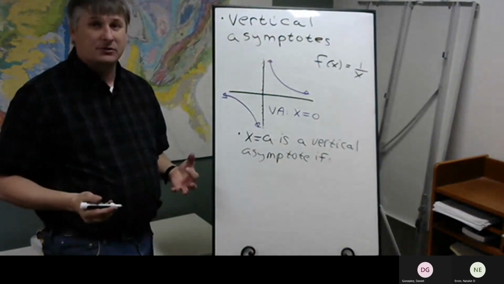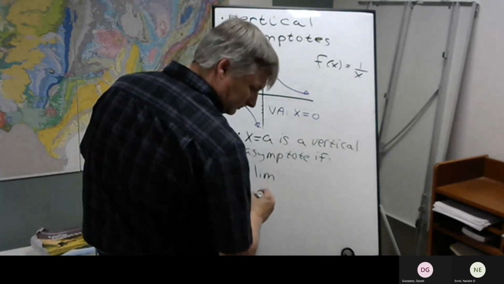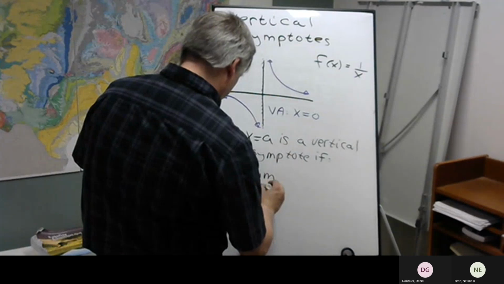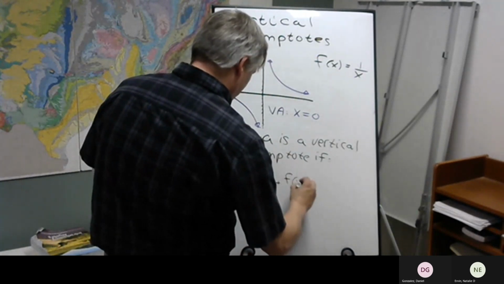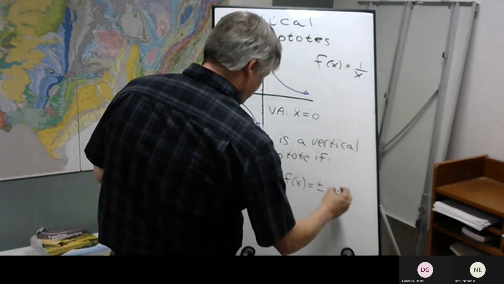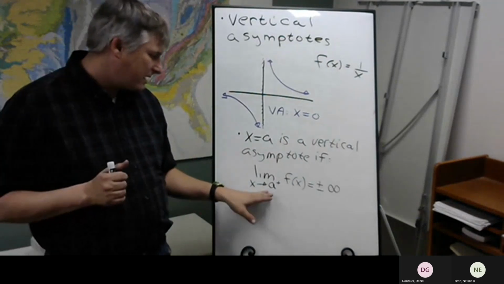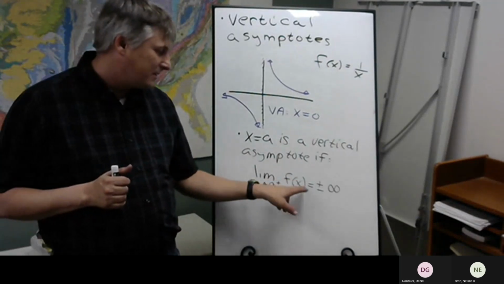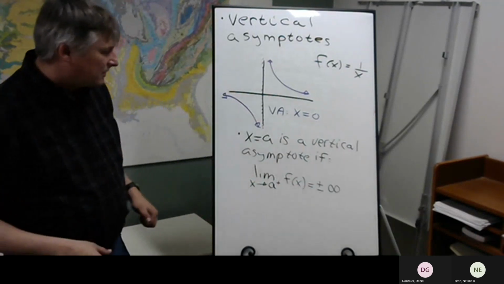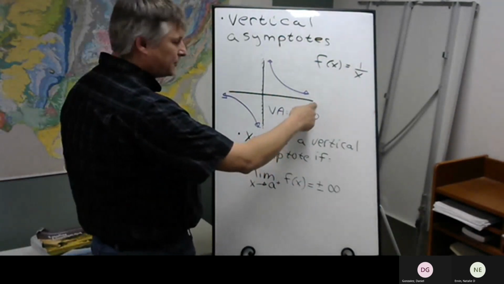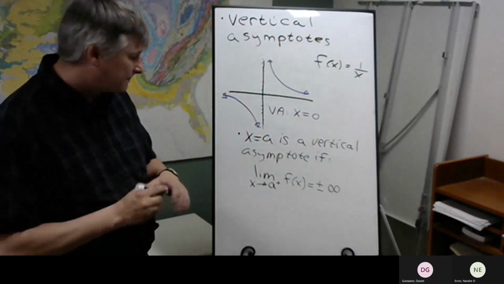So here are two conditions with limits. So in this case, as you approach x equals a, you're going to get a limit for your function that's positive infinity or negative infinity. So if we're approaching, say, x equals 0 from the right side, in this case, you're going to get a limit of positive infinity.